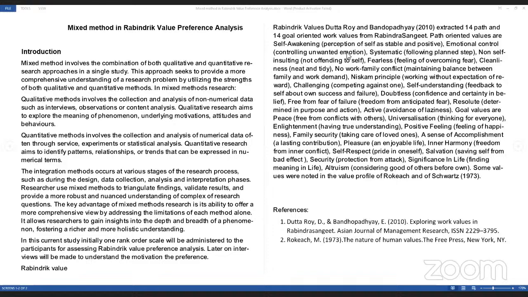Inner harmony, freedom from inner conflict. Self-respect, pride in oneself. Salvation, saving self from bad effect. Security, protection from attack. Significance in life, finding meaning in life. Altruism, considering good of others before own. Some values were noted in the value profiles of Rokeach in 1973.